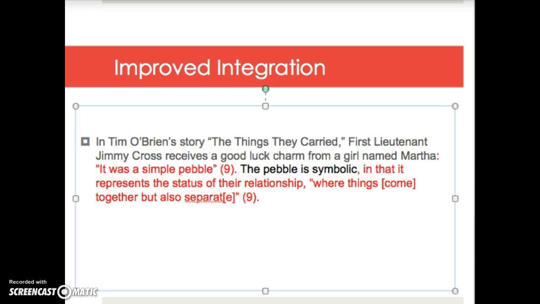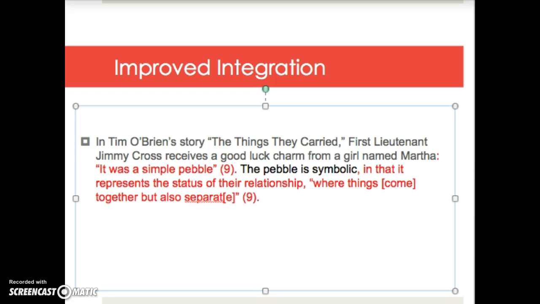If we read again, it should sound more fluid and the flow should sound better. So in Tim O'Brien's story, The Things They Carried, First Lieutenant Jimmy Cross receives a good luck charm from a girl named Martha. It was a simple pebble. The pebble is symbolic in that it represents the status of their relationship, where things come together but also separate.